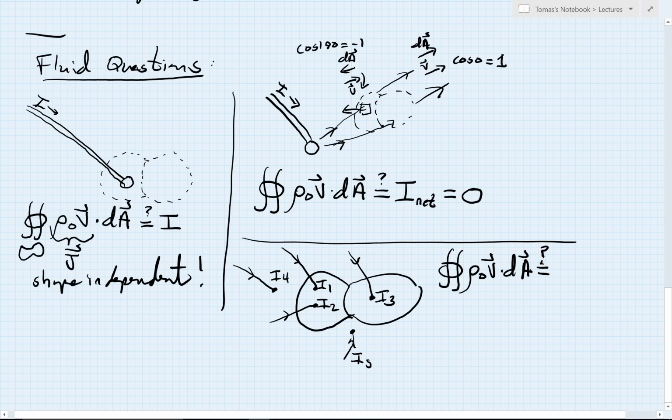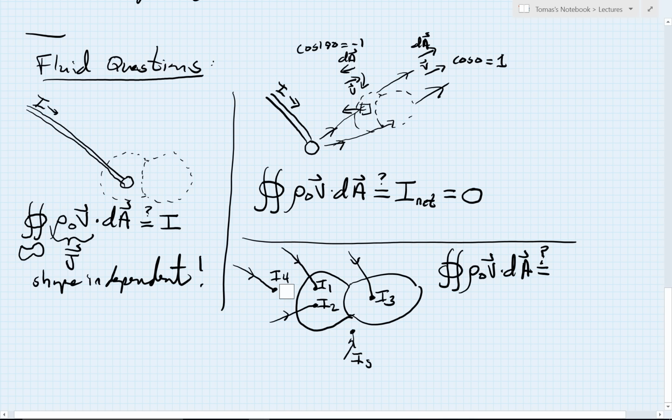Well, remember, we're measuring the net flow out of our peanut, and we know that flow in must equal flow out. So what we have to consider is the net flow into the peanut surface, which will balance this net outward flow. Well, I4 and I5 are not actually pumping fluid into the peanut.